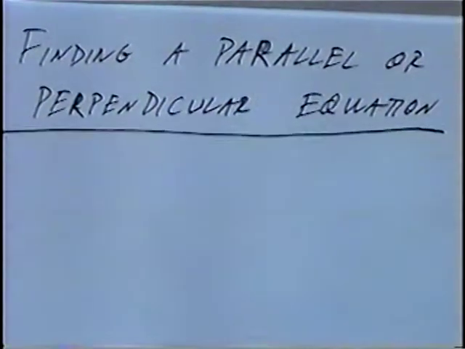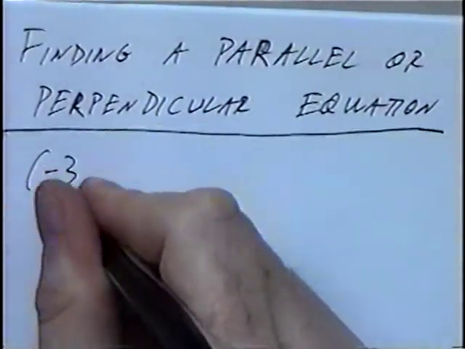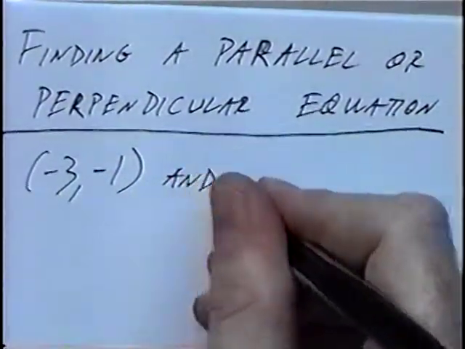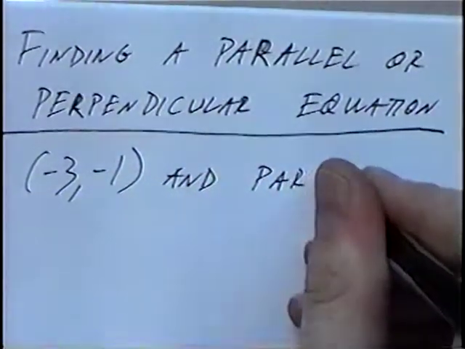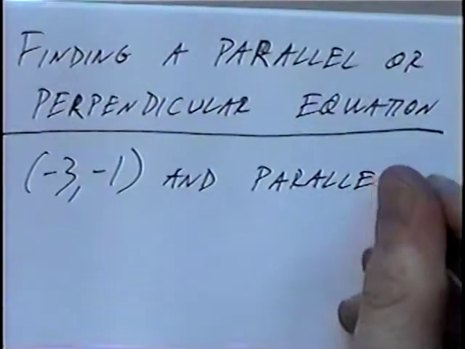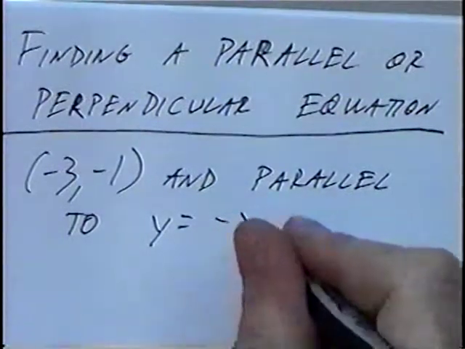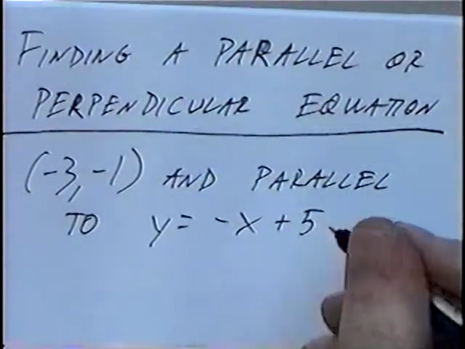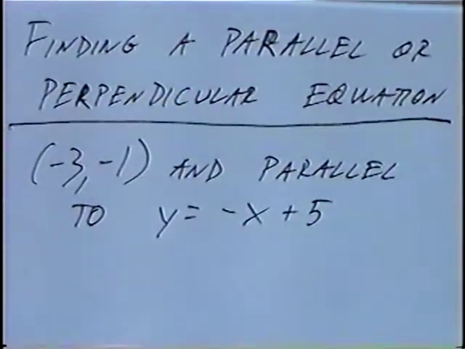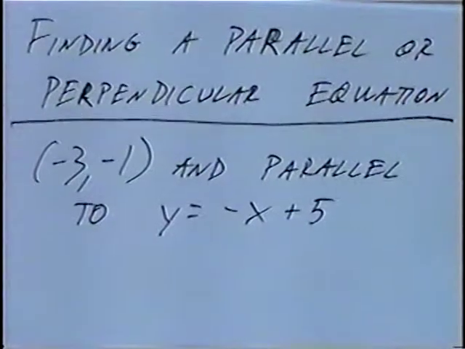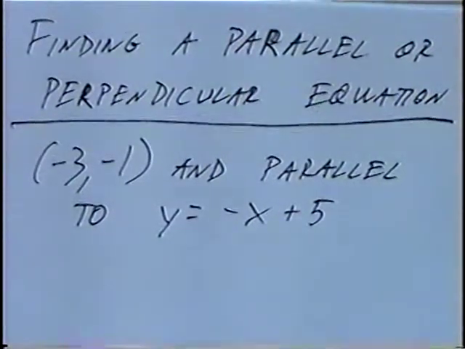First question is -3, comma, -1, and parallel to y equals -x plus 5. So we want to find an equation that's parallel to this equation, but passes through the point -3, -1.